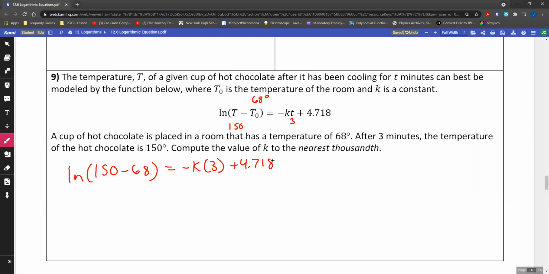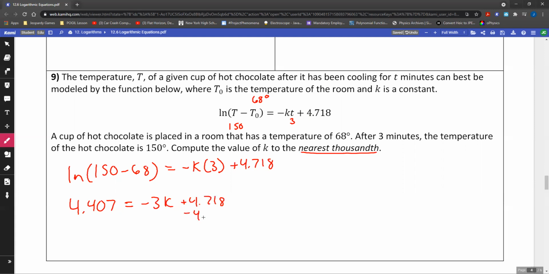The easiest thing to do is actually just plug into the calculator what ln of this expression is. So ln of 150 minus 68. So this is 4 point, they want the nearest thousandth, which is 3 decimal places. So that's going to be 407. And that's going to be equal to negative 3k plus 4.718.